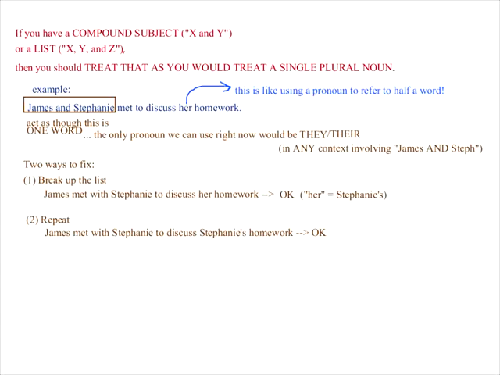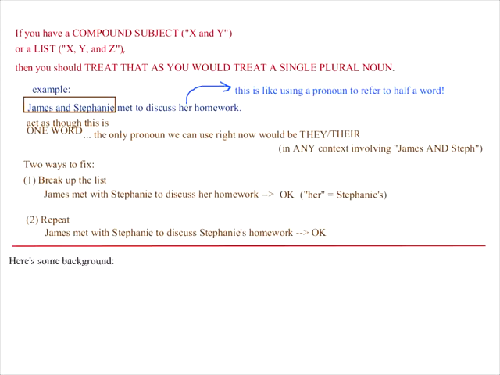Okay, so let's talk about this. Let's say that, here's a little bit of background. Let's say that Professor X won a Nobel Prize. And that Professors X and Y are standing on a stage.